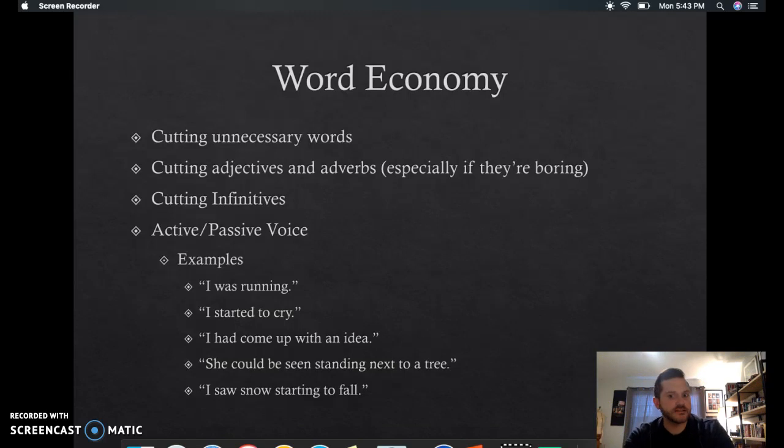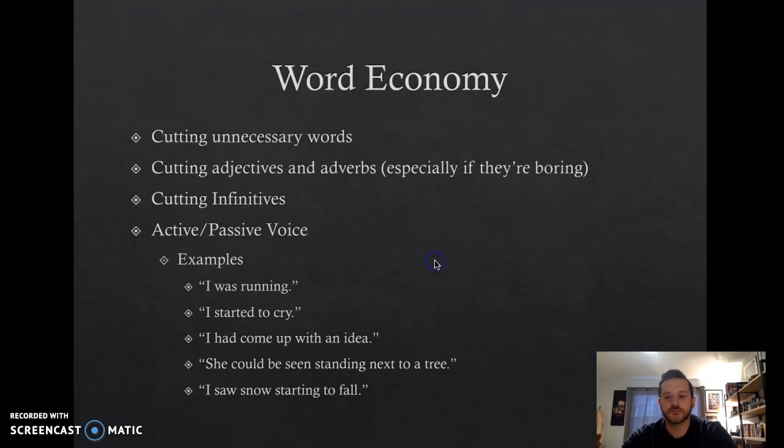So look at a sentence, look for words like was, had, that, could be, to be. We're going to get into this more when we talk about active and passive voice, but you can cut a lot of that and not change the meaning at all. And if you try to cut the word that and the sentence doesn't make sense without it, that is indicative of passive voice. Okay?